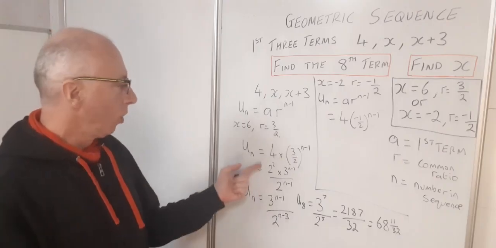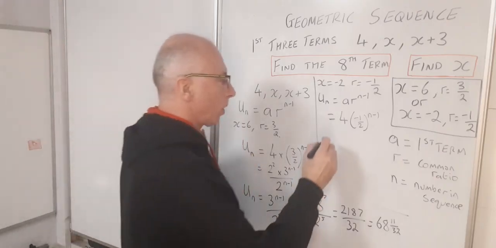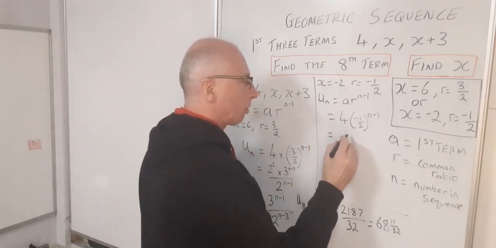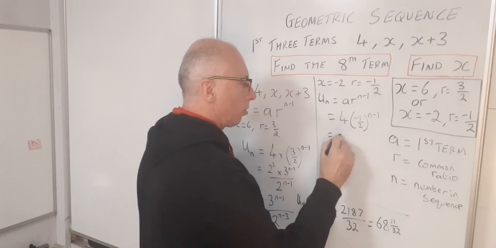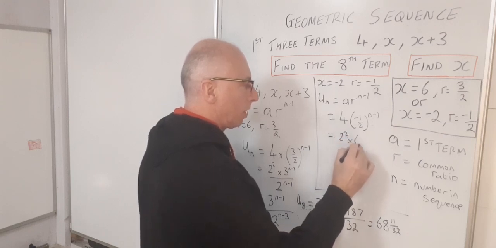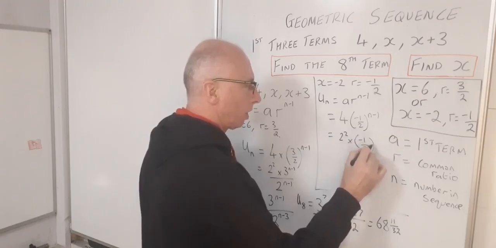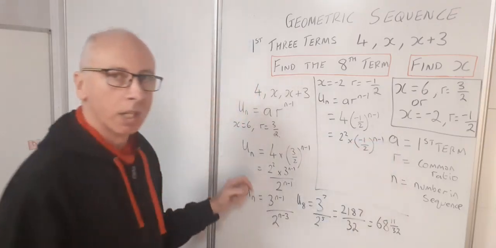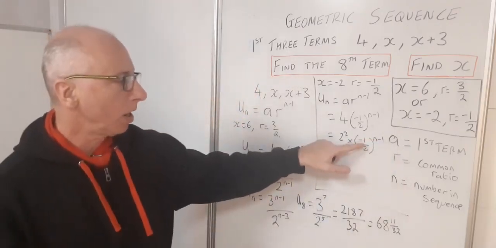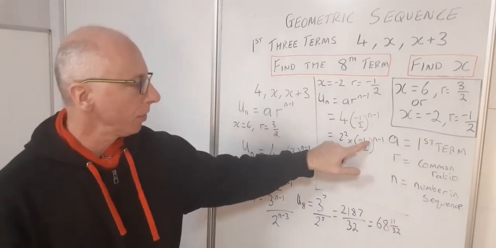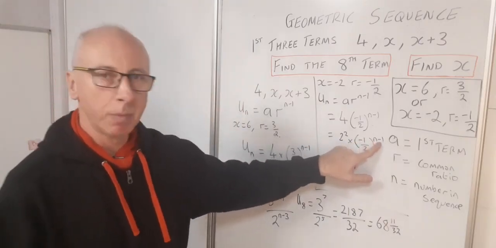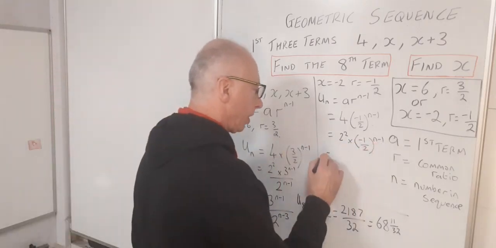As we did before with the 4, we can write that as 2 squared. So then that equals 2 squared times minus 1 over 2 to the n minus 1. Now we can break this fraction apart and get the alternating series out the front. So the minus 1 to the n minus 1, I'm going to leave at the front.